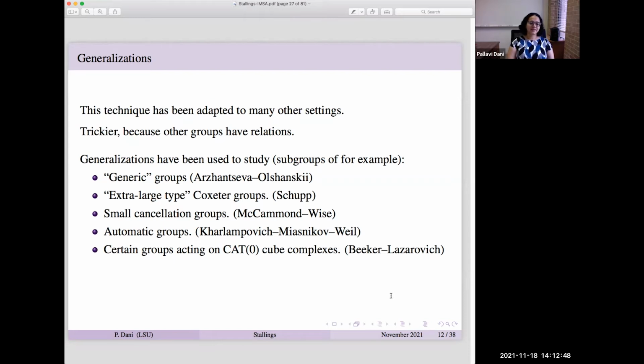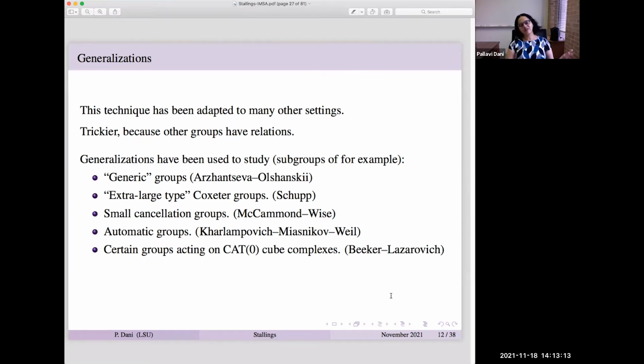McCammond and Wise did something for small cancellation groups. Kharlampovich, Miasnikov, and Weil considered a lot of algorithmic questions using Stallings-like folds for automatic groups. And then more recently, in a different direction, Baker and Lazarovich thought about certain groups acting on CAT(0) cube complexes.